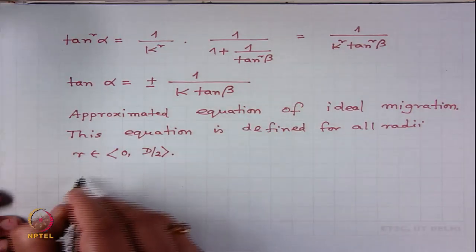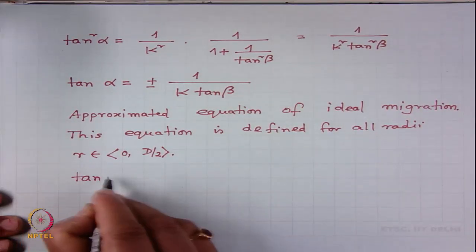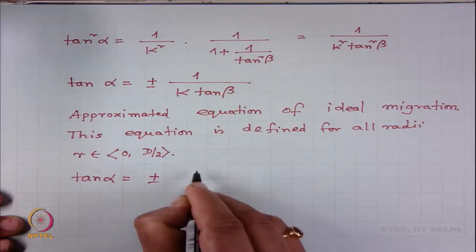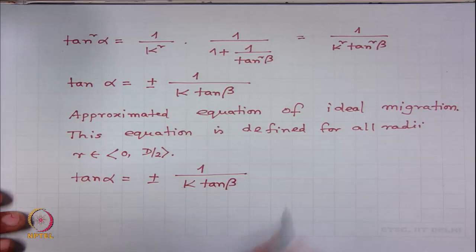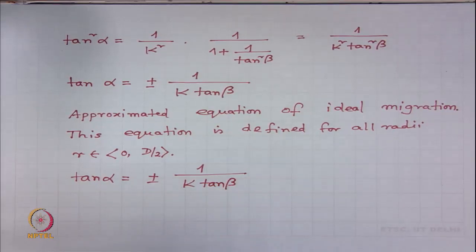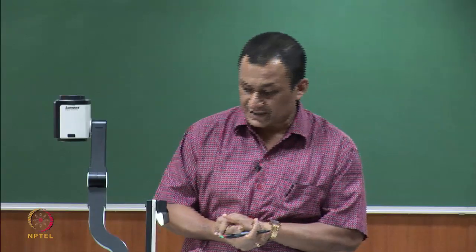So, tangent alpha is equal to plus minus 1 by k times tangent beta. What is tangent alpha? dr by d zeta, and tangent beta is 2 pi r z.